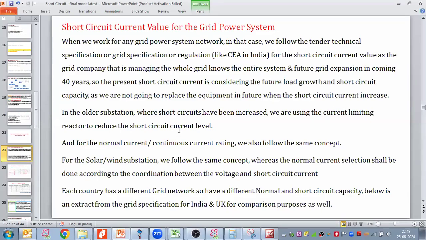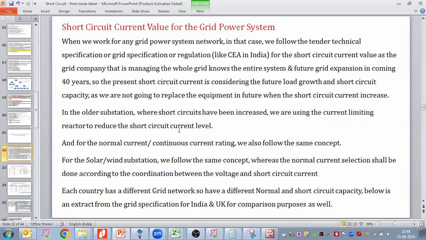But when we are designing any equipment or substation now, we take into consideration what the short circuit current would be after 40 years. Because we are not going to replace the equipment, and we are not aware of the entire system and future grid expansion planning, we simply follow the grid regulations for the short circuit current.